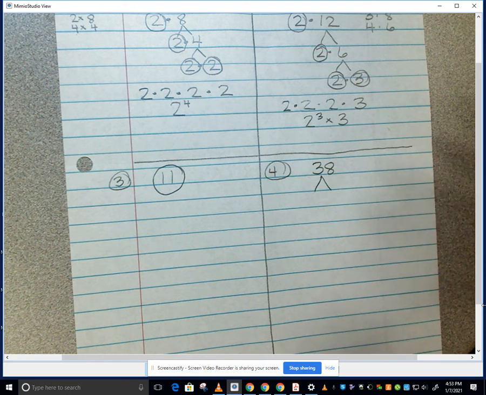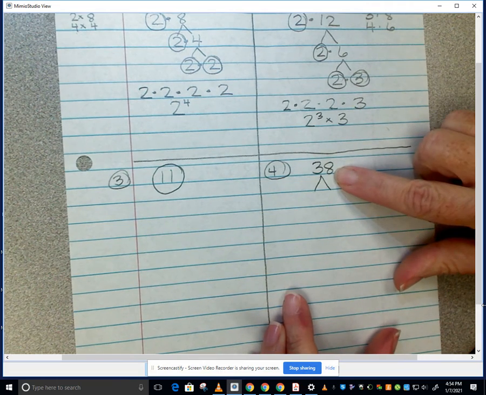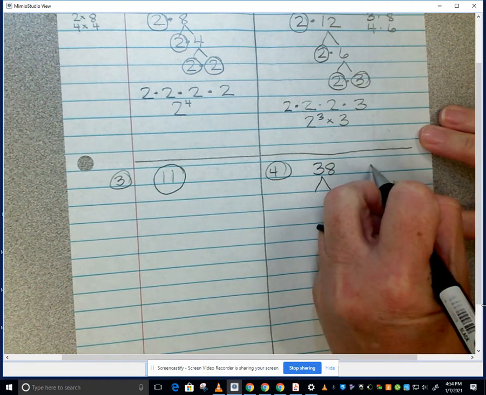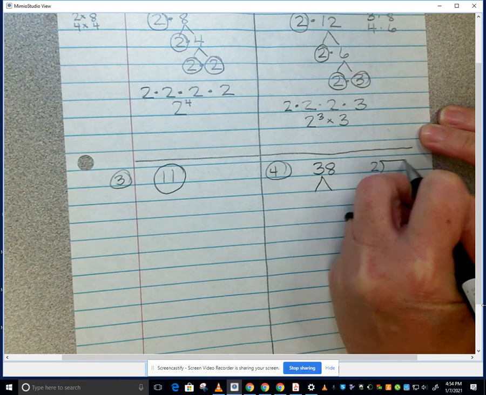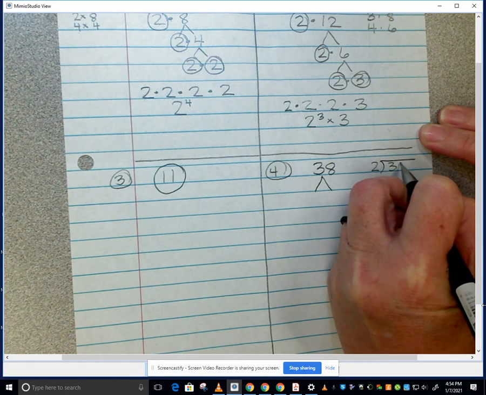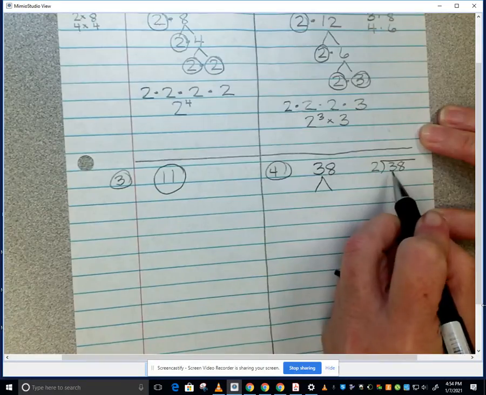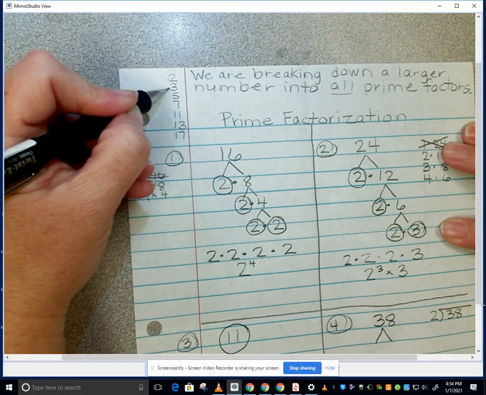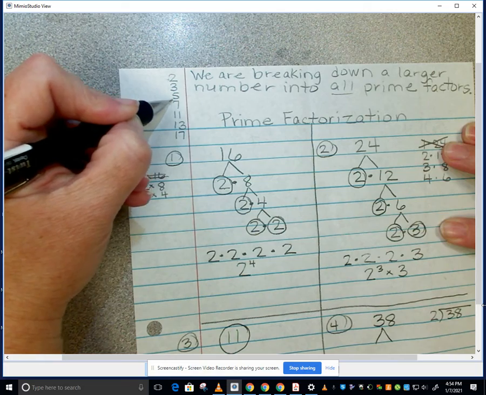38. Well, I don't really know immediately what will give me 38. I see that it's an even number, so I know 2 times something will give me 38. So let me come right here and divide. Sometimes you may have to use some of these numbers. I would start with 2, then do 3, then do 5, and then 7.